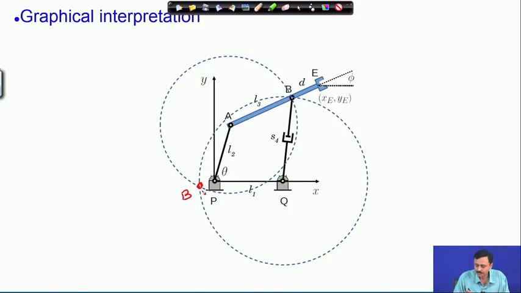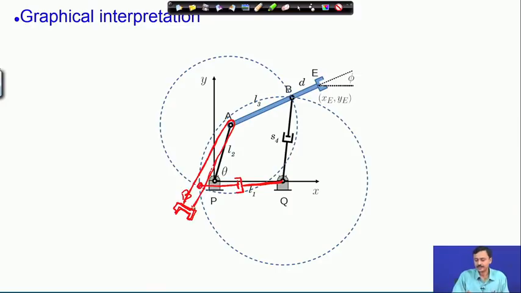So, the mechanism in this configuration will look like this.